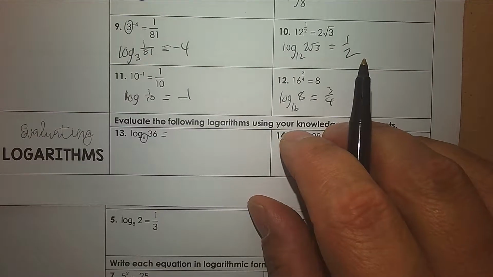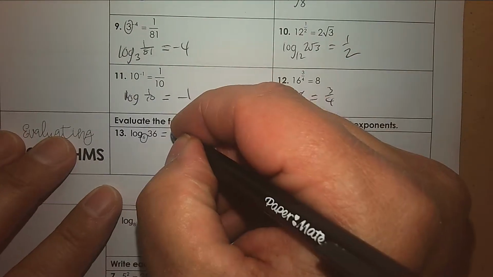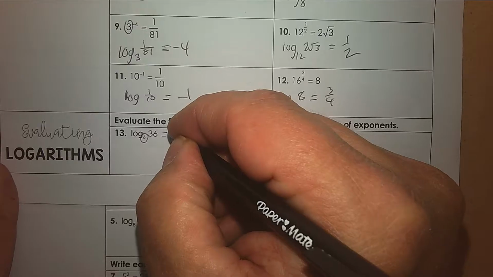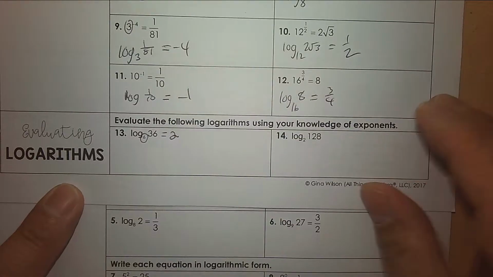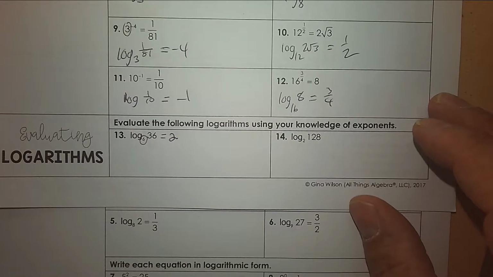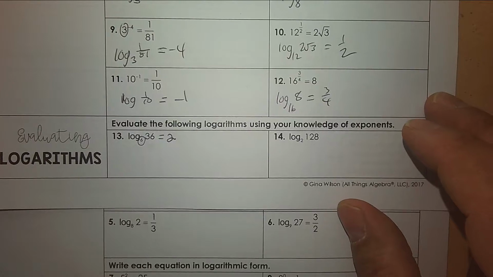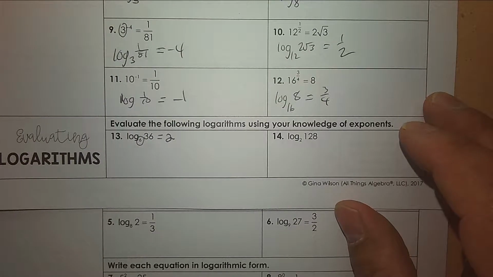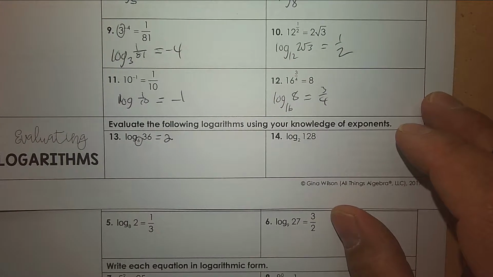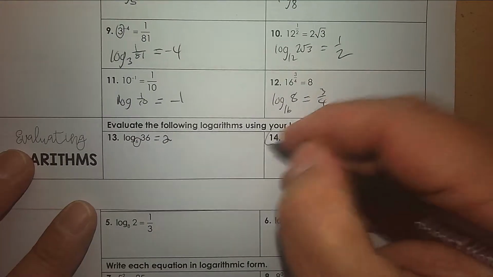So can you put the pieces together? 6 to what exponent is 36? What exponent is missing? Because 6 squared is it, right? Simple. When you evaluate a logarithm, what are you looking for, Michael? The exponent.